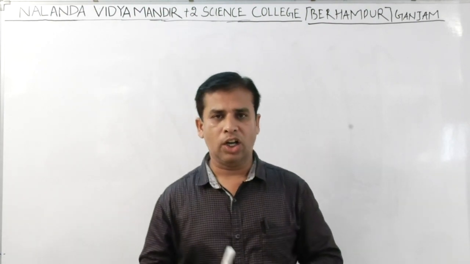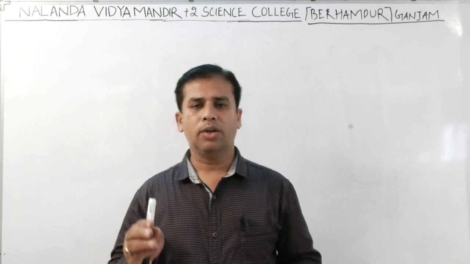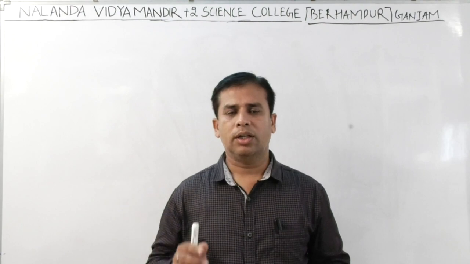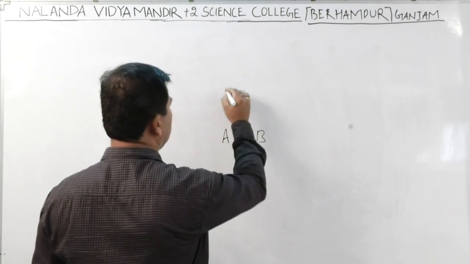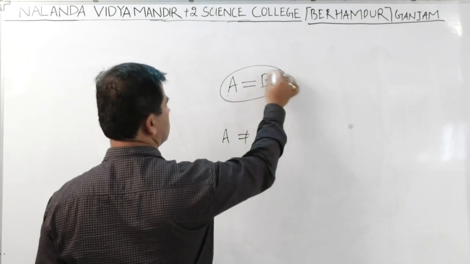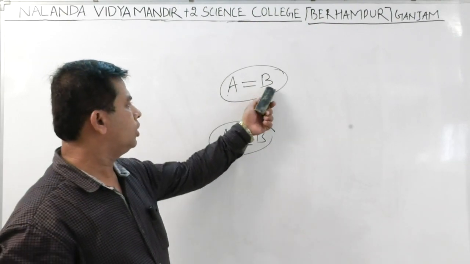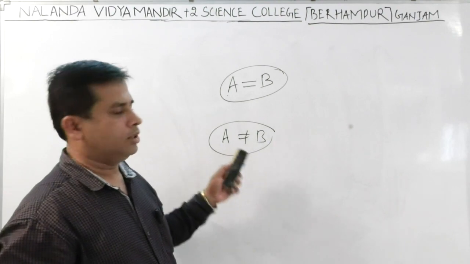If they are the same, then we say they are equal. If we compare and A and B are equal, then we write A is equal to B. If A and B are not equal, then we write A is not equal to B.